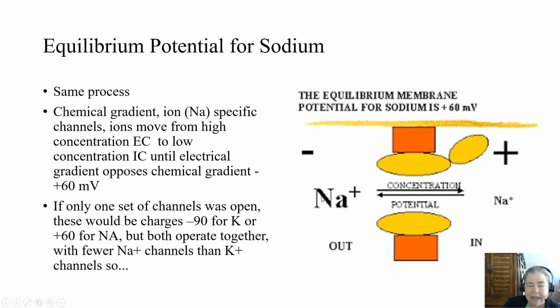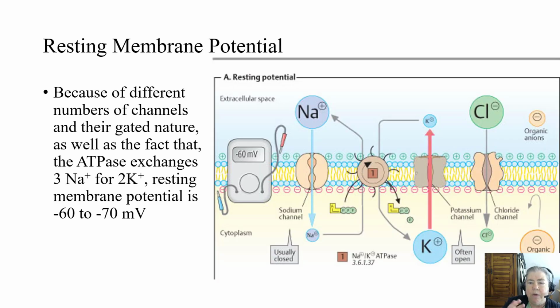And the two equilibrium potentials for sodium and potassium kind of operate together. There are fewer sodium channels than potassium channels, and so you end up with something called the resting membrane potential.